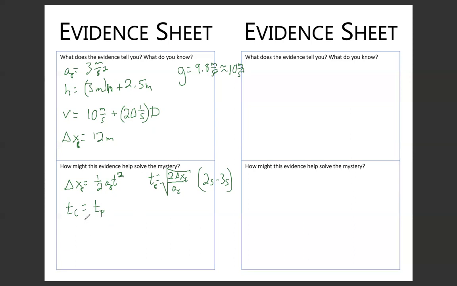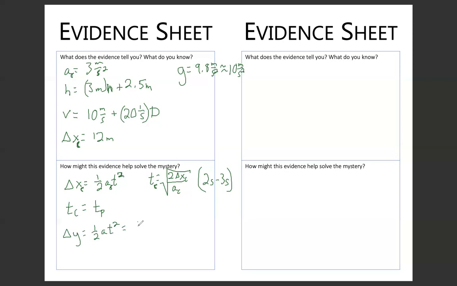I think that was clue 5. So since we know that, we could figure out a couple different things. We could use, again, this equation. Instead of calling it delta x, why don't we call it delta y equals 1/2 a t squared.